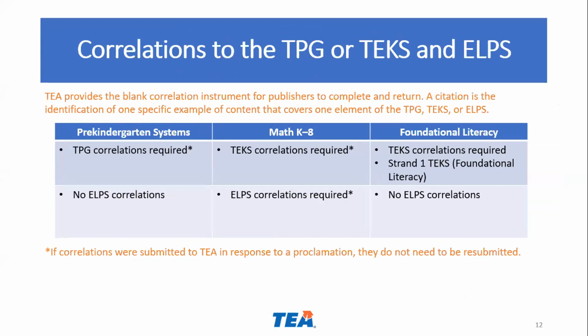This component is a little different than the rubric correlations in that we have state review panels that go through and determine whether that specific correlation is or is not approved and meets that TPG, TEK, or ELP. This is different than the rubric correlation, which is something the reviewers reference, but they are not approving or not approving your evidence provided.